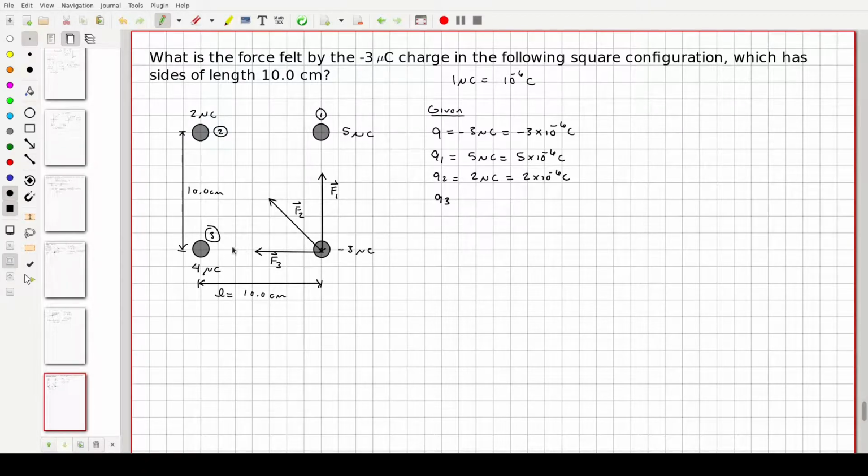Our third one is this one right here, 4 microcoulombs, or 4 times 10 to the minus 6 coulombs. We also have sides of length L, which is 10.0 centimeters, or 0.100 meters. We're trying to find the force on the minus 3 microcoulomb charge.